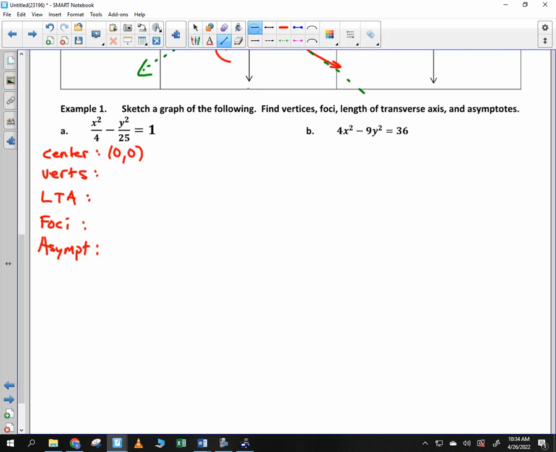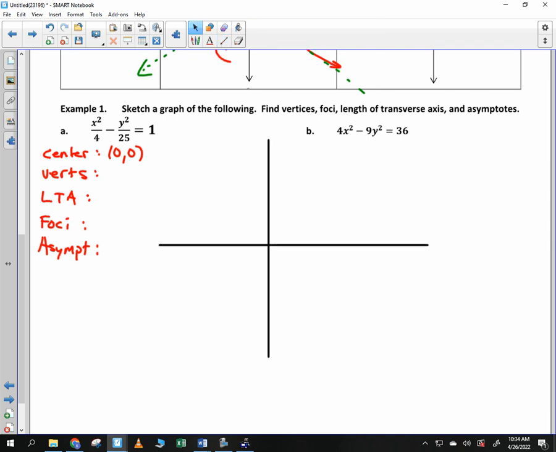So I'm going to make a graph. I'm going to plot the center. There we go. Now, what I do to make my hyperbolas is I make the ghost box right away. How many units do I go in the x direction for my ghost box? 2.